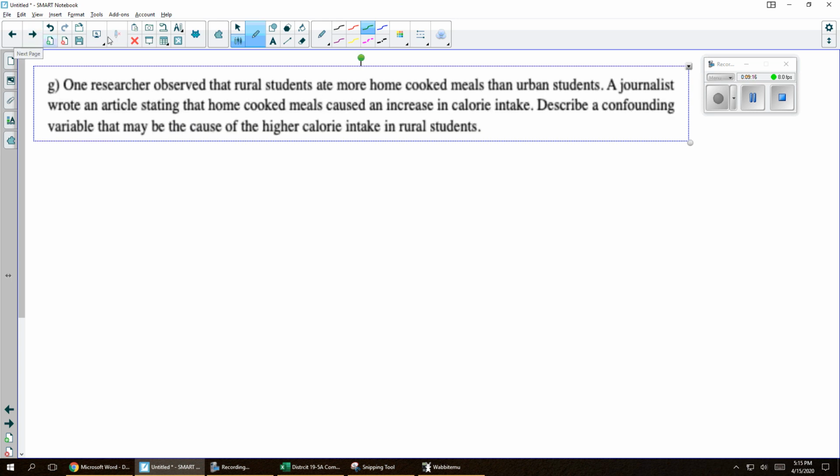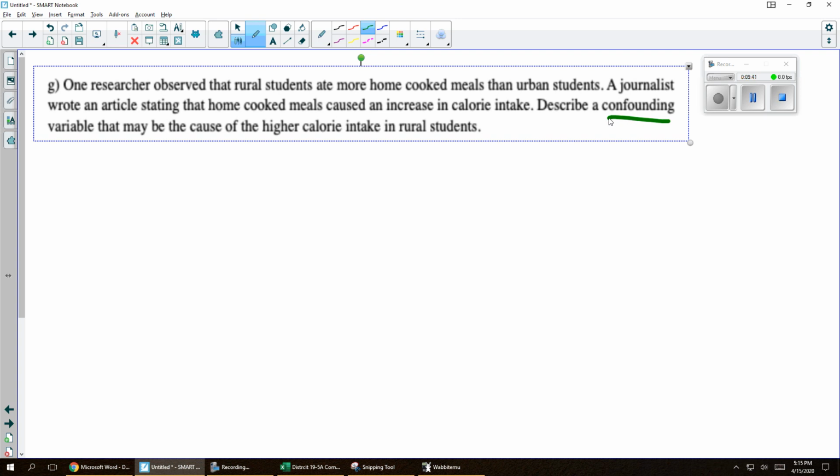Letter G. The heart of letter G is this question about confounding variables. So it's possible that there's some other reason why the rural students eat more calories that is not just described by a home-cooked meal.